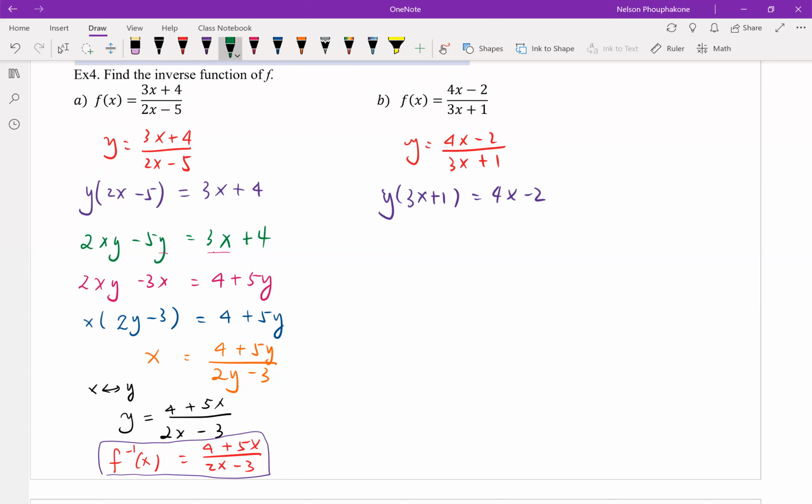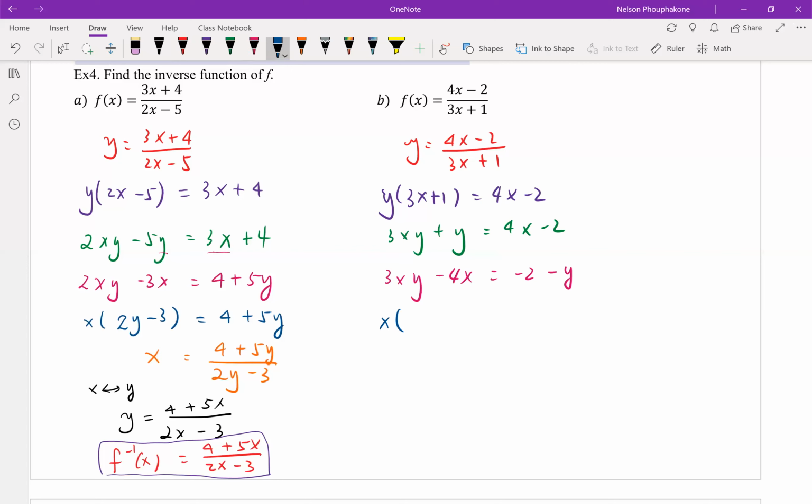Then we distribute the y. We group all the x terms together.